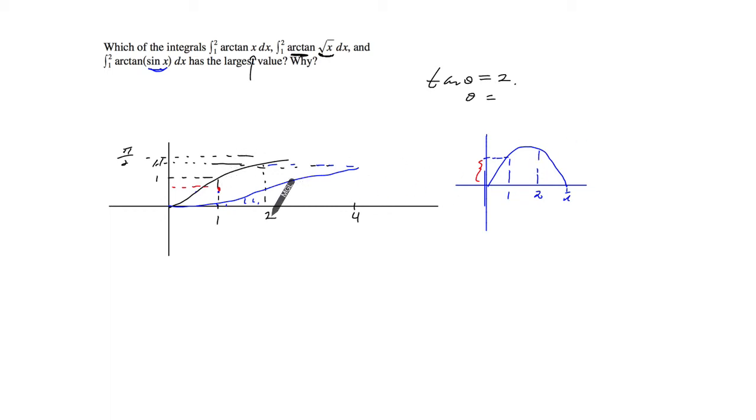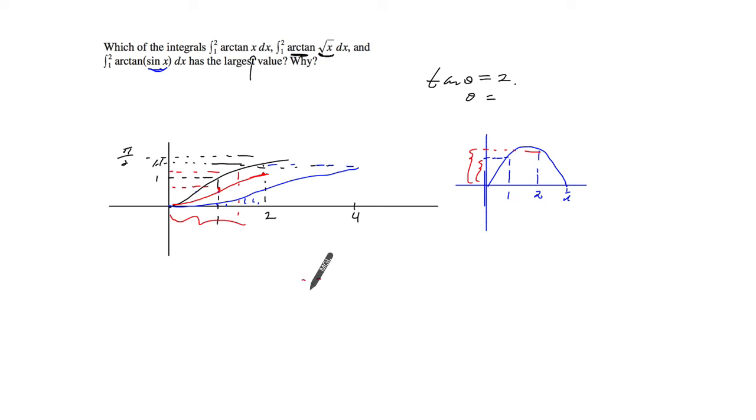When you plug in 2, you're going to get this x value instead as an input into the tangent, or something smaller. Again, if that's the y value, that's what it will be. Okay, so it will look like that. Again, this graph is lower, below this one.